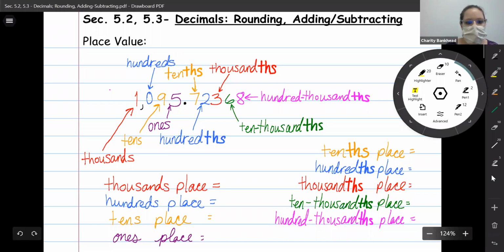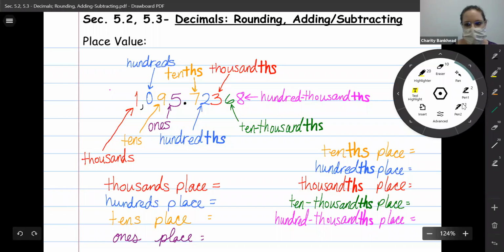Everything after the decimal point is the tenths, hundredths, thousandths, 10,000ths, 100,000ths, and so on. Those all end in THS. And to the left of the decimal point, you have ones, tens, hundreds, thousands, and so on that way.